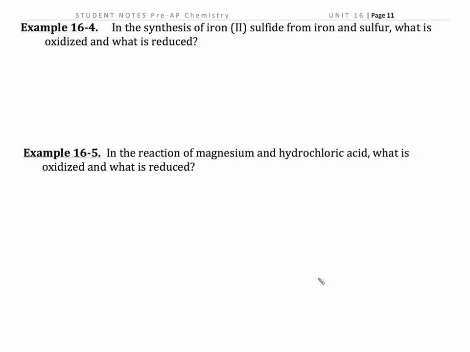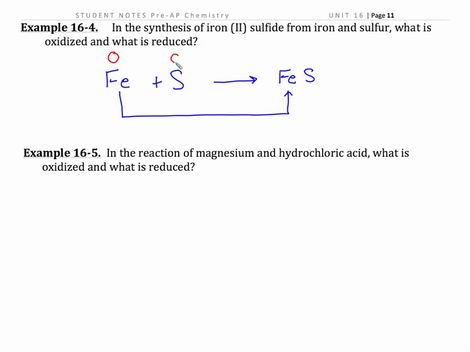So that's one of the factors that we have. I'm going to do two quick examples. We have the synthesis of iron(II) sulfide from pure iron and pure sulfur. Remember, pure elements all by themselves are 0. So the pure iron is 0, the pure sulfur is 0. We already saw from the name that iron is +2, sulfide is -2.